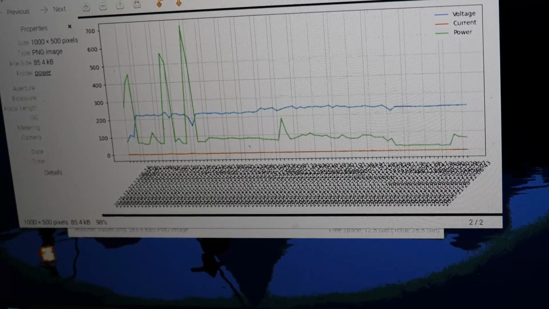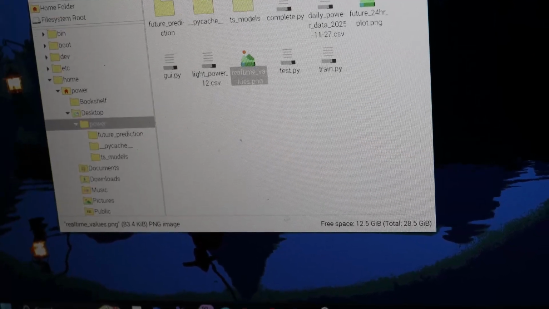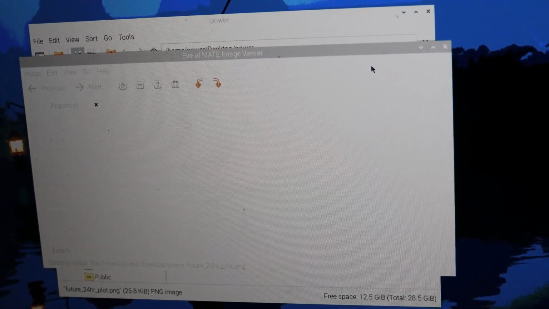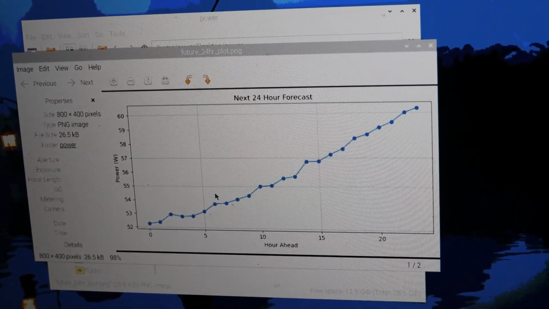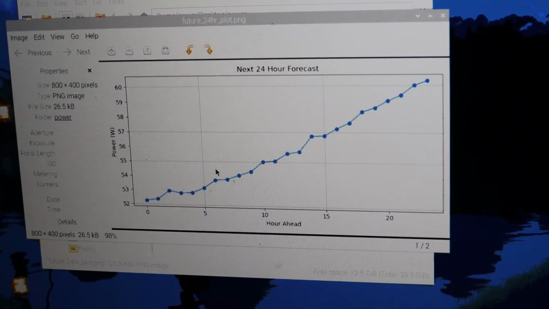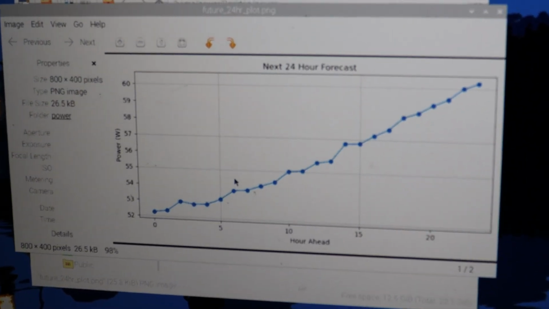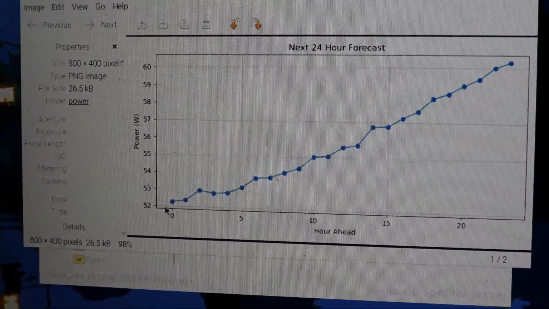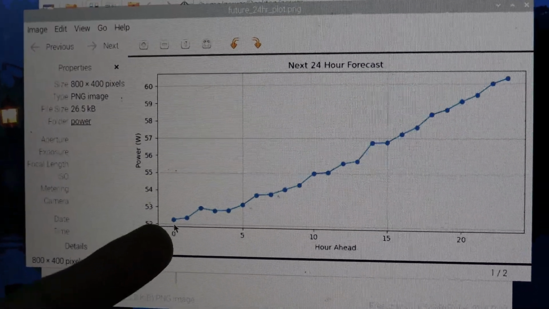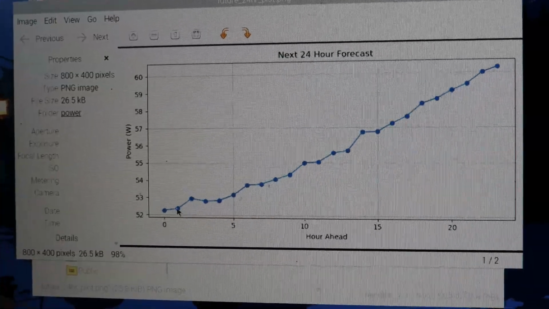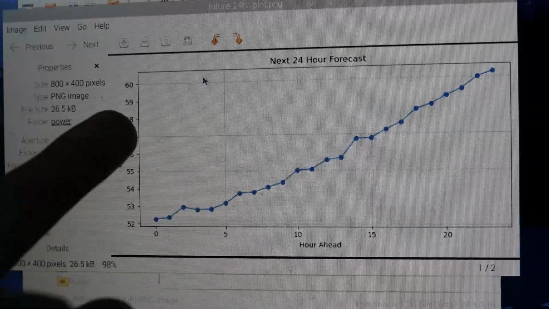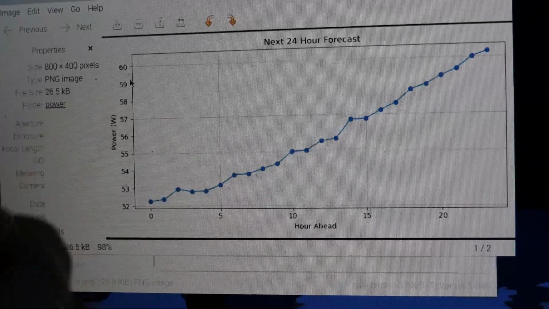Now we will see the future prediction. On the basis of this voltage, current and power, it will predict the next 24 hours of power. This one is the power. Using this much power, it will predict that after 24 hours the power may be above 60 watts.